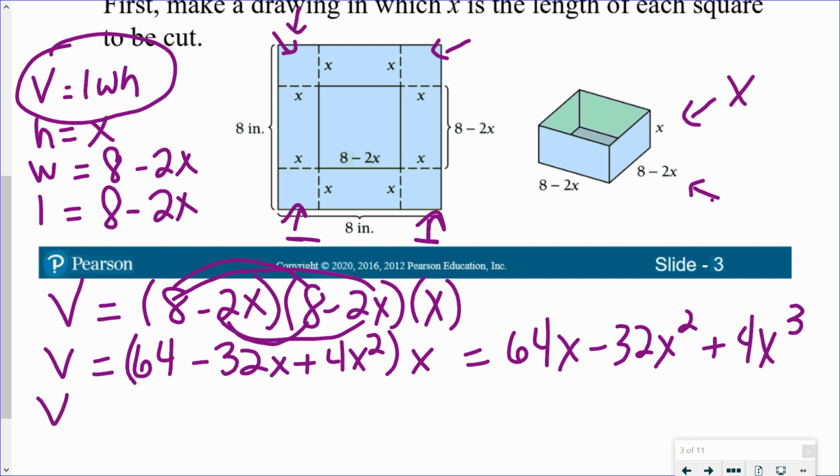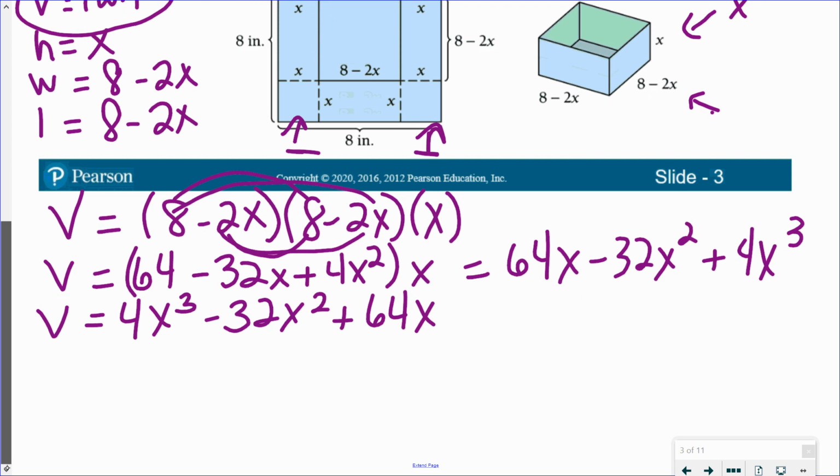Then I want to rewrite that so that it is in standard order. So we have 4x cubed minus 32x squared plus 64x. If we want to maximize volume, that means we're going to need to take a derivative, which is v prime.